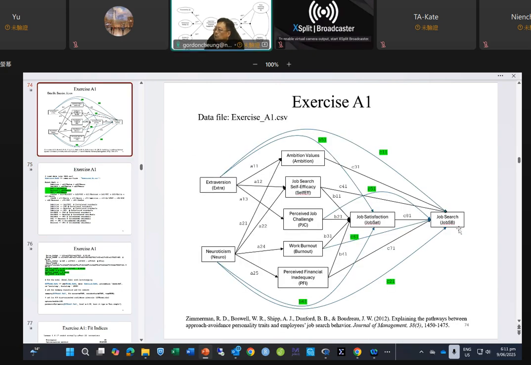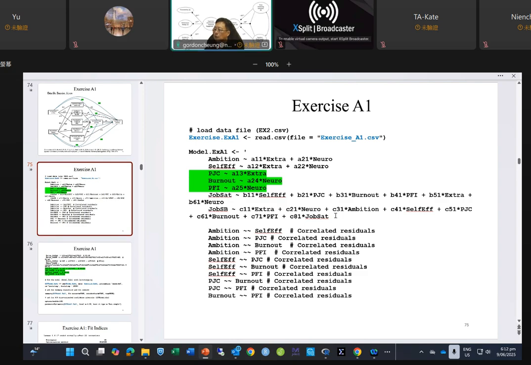Similarly, for job search behavior, we have C11 times extra, C31 times ambition, C41 times self-efficacy, C51 times PJC, C81 times job satisfaction, C61 times burnout, C71 times PFI, and C21 times neural. So I typed all this already.